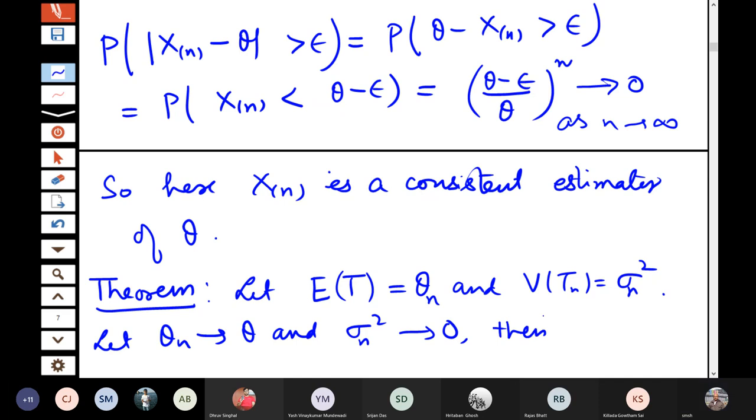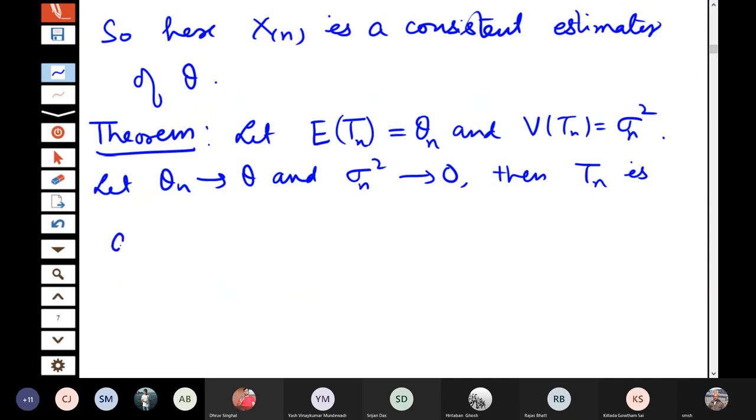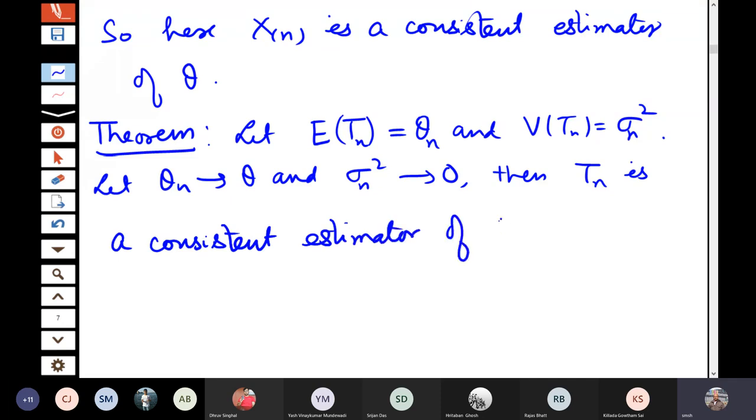Then, I put Tn here just to denote that it is based on n observations, we can say that Tn is a consistent estimator of theta.